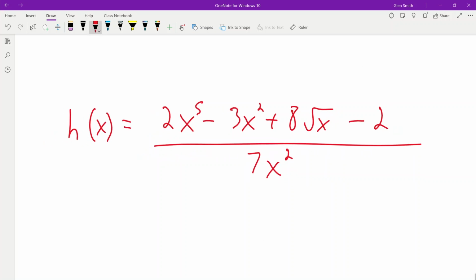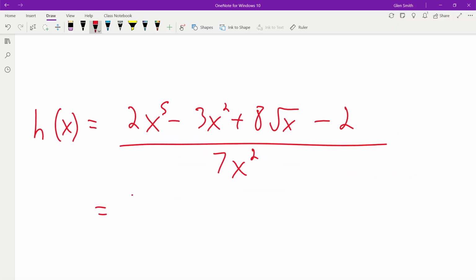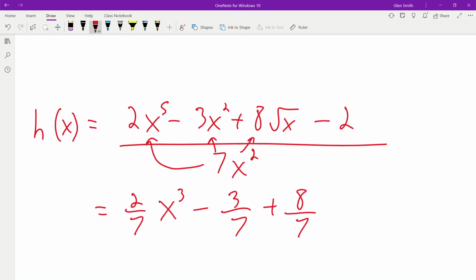This is the same exact thing as 2/7 x to the 3rd. Do we all see where that came from? That's this divided into that. Minus 3/7. That's this divided into that. Plus 8/7, but now, oh no, I have to do a half minus 2. That's negative 3/2.